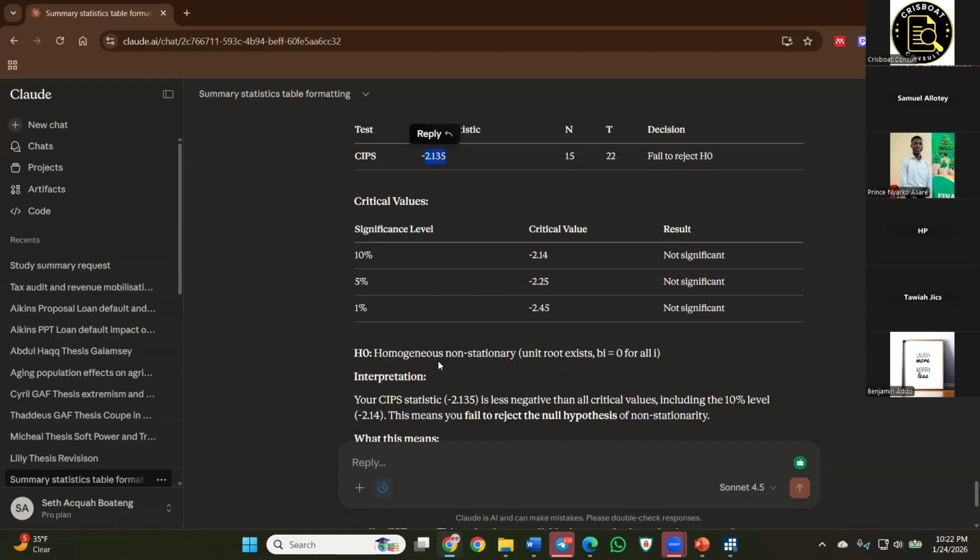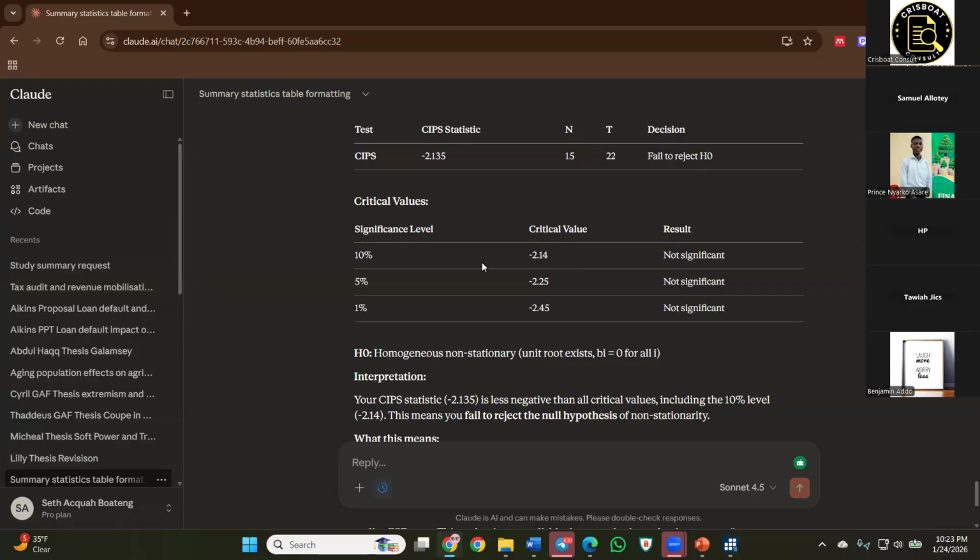Interpreting this is a bit technical, so please kindly follow me. You use the SIPS, which is 2.135, to compare the critical values. So here we have 2.14, 2.25, 2.35. You realize that this one is less than all of the critical values. The absolute SIPS is less than all the critical values.